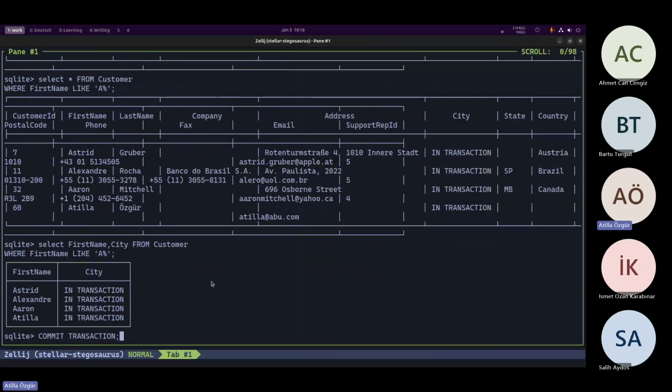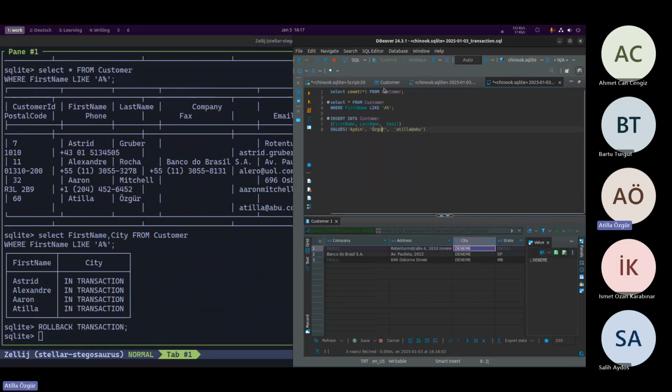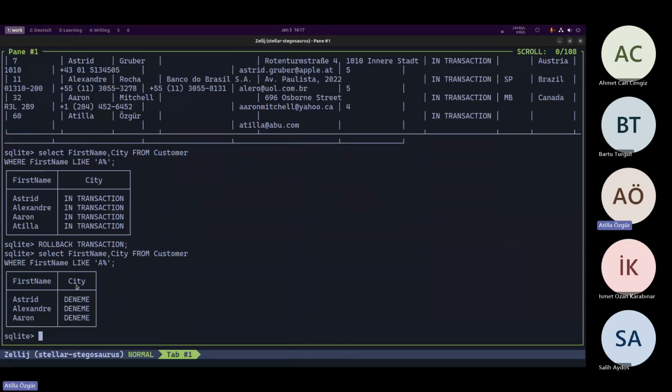But if I do not use commit transaction but rollback transaction, like here, when I run these commands, the insert did not happen. This change to city in transaction did not happen. And here also, as you can see, this city information is like before.